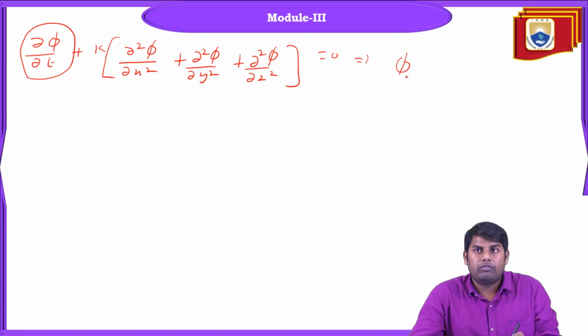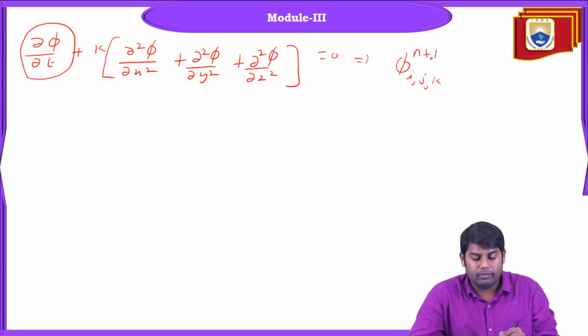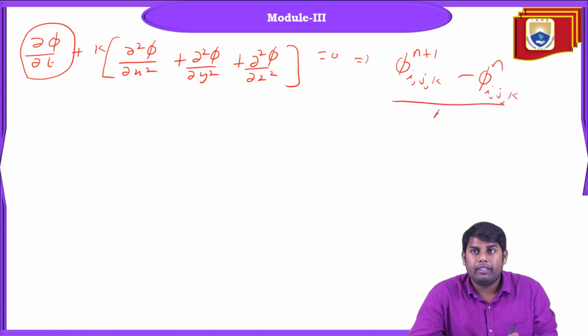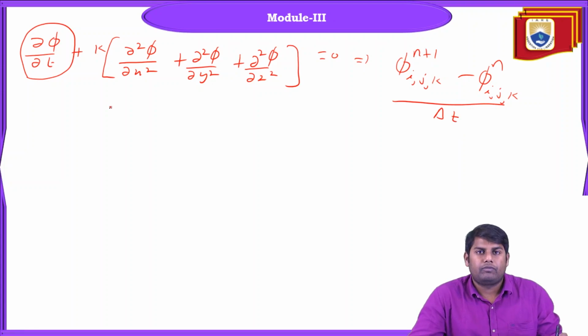So phi of i comma j comma k. Previously we had only i comma j, because it was 2D. Since it is 3D, we have phi of i comma j comma k to the power of n plus 1 minus phi of i comma j comma k to the power of n divided by delta t, plus k into, so what do we have here?